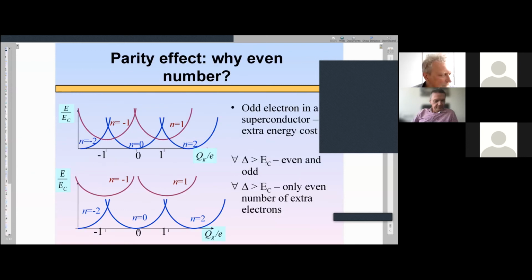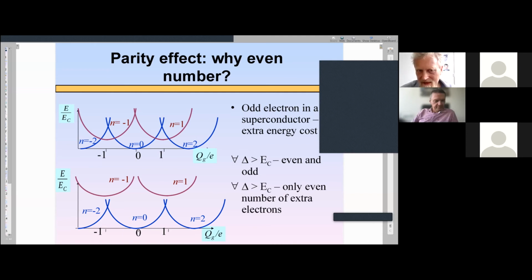Let me confess some cheating, somehow important for understanding this chance. I kind of told you that from now on the number of electrons is even, because charge is transported by Cooper pairs.